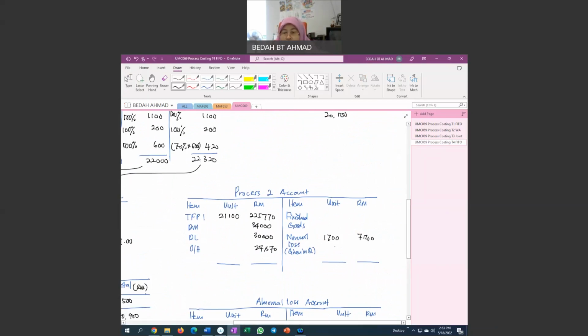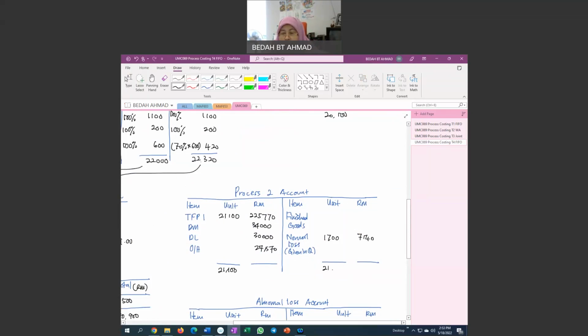For the units here, we can balance the accounts by subtracting the normal loss units from the transfer from process 1, 21,100.